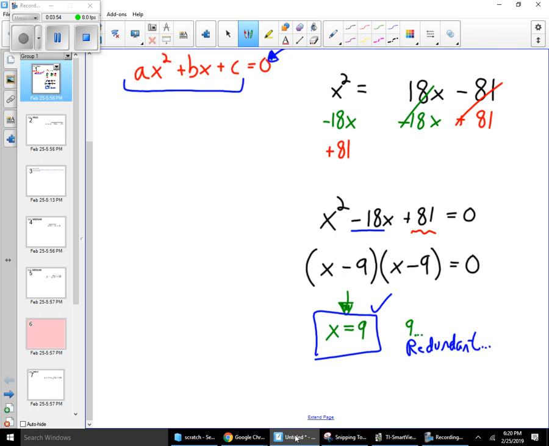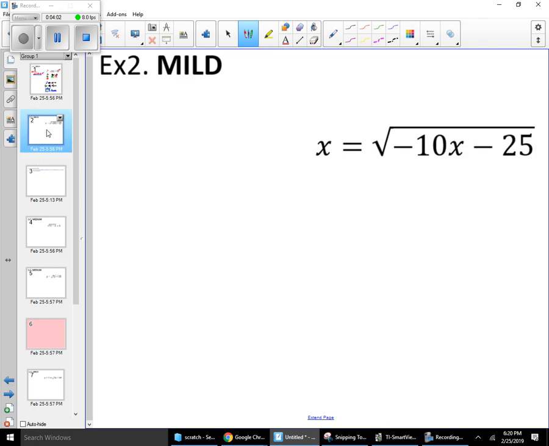So in this case, everything worked out kind of nice. Let's take a look at an example where things don't work out so nicely. And that's example 2. Note that at first glance, there's not a whole lot that's different here. We're going to square both sides. The square and the square root cancel, and I'm left with a quadratic. Just like last time, in order to deal with this quadratic, I need standard form.